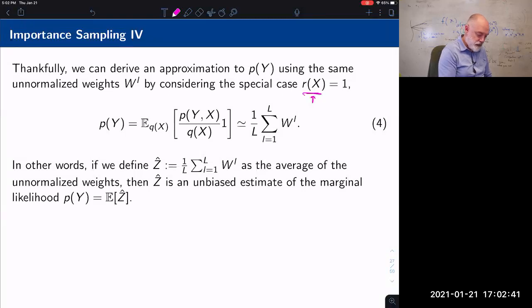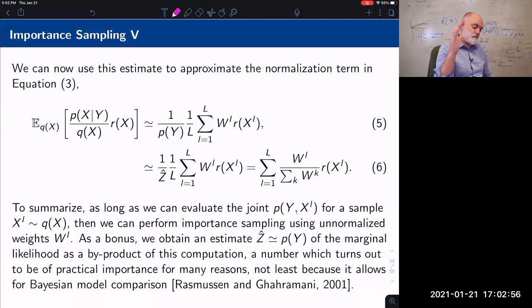In other words, if we define our normalization constant estimate as the average of the unnormalized weights, then Z hat is an unbiased estimate of the marginal likelihood. That's cool. Z hat is so awesome.